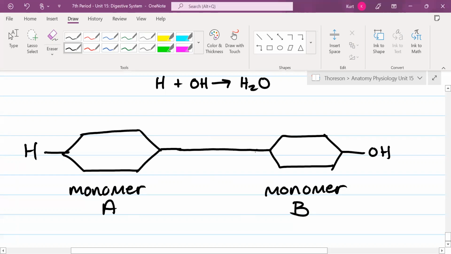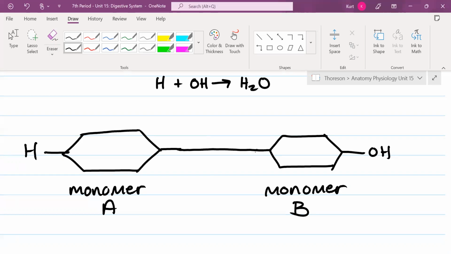This happens in your muscles. This happens in your bones. Does this happen in your digestive system? Do you want to make big molecules in your digestive system? No. So let me tell you what happens in your digestive system. Let's say that you were to eat this polymer. You consume it, swallow it, goes in your stomach and your intestines. Your enzymes hydrolyze it.